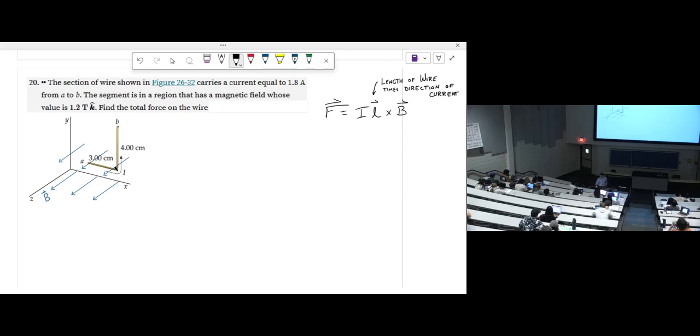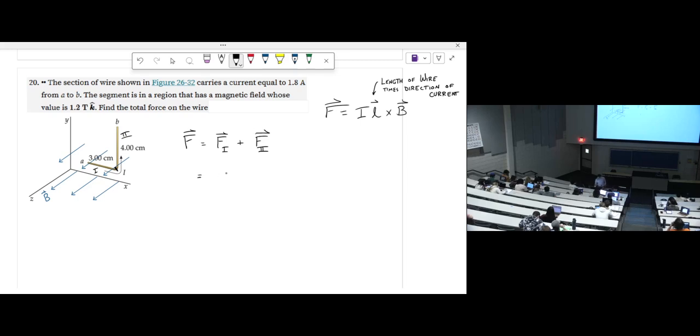But if the current was flowing in the opposite direction, it would be 4 centimeters times negative j hat and negative 3 centimeters times i hat. So let's call this segment 1 and segment 2. So the net force is going to be equal to the force on segment 1 plus the force on segment 2.